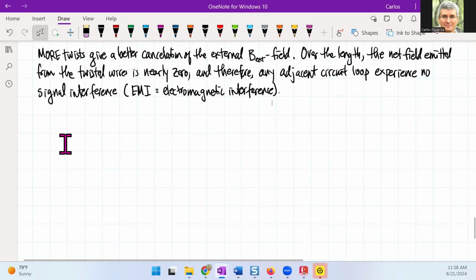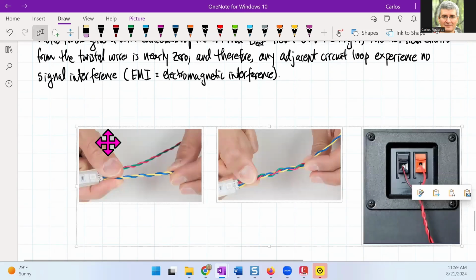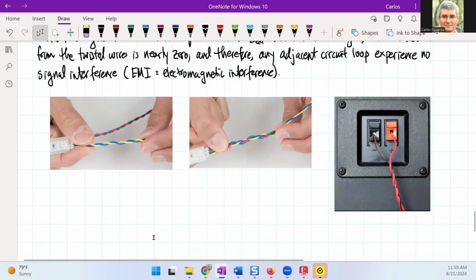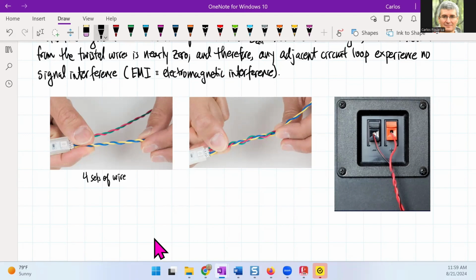So just as a couple of images, let me show you what I have here. What typically happens is that you can do it with two wires, and you could see that here I have 4 sets of wires, and 2 of them are wired, but to really reduce the field even more, you then take the 4 sets and you twist them, and it actually reduces it even more.